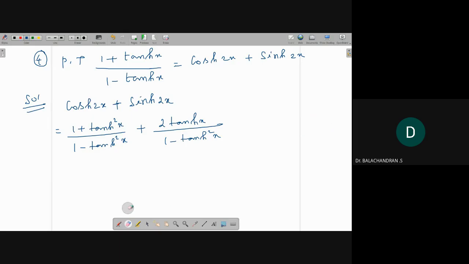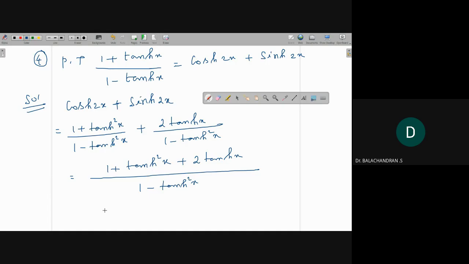Now, okay, sorry. So I think the denominator is the same: 1 minus tan h square x. The numerator is 1 plus tan hx whole square. The numerator is a square plus b square plus 2ab, so 1 plus tan hx whole square.